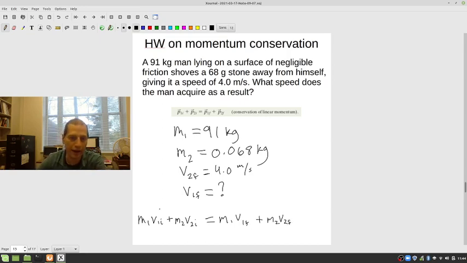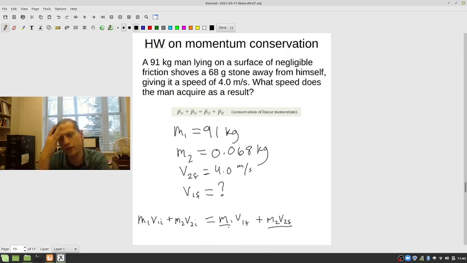So if I add up the momentum beforehand, I'll get the same as the momentum afterwards. However, M2 times V2 final is going to be a positive number, so I can calculate that right away.